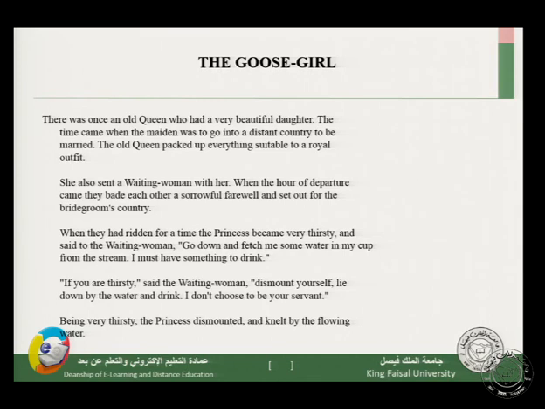When they got to the bridegroom's country, the waiting woman acted as a princess and as a bride, and the prince thought that this servant was his bride, and the real princess was thought to be the servant.